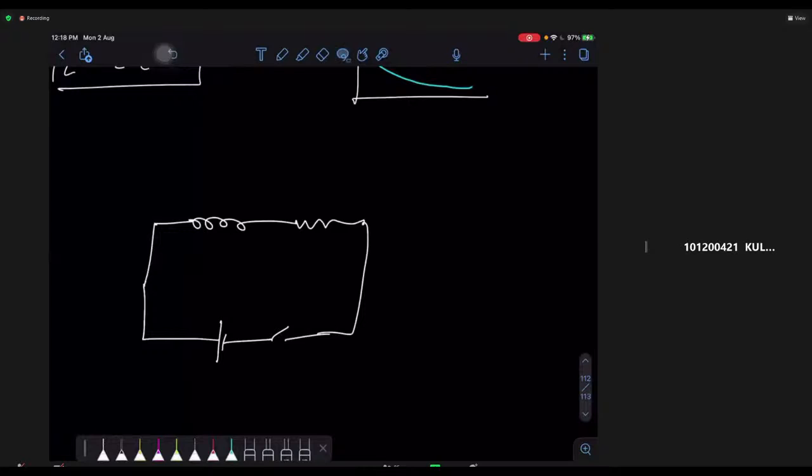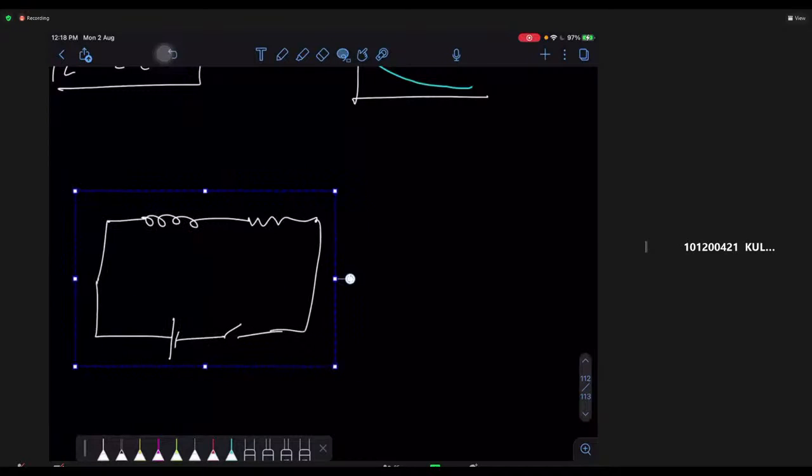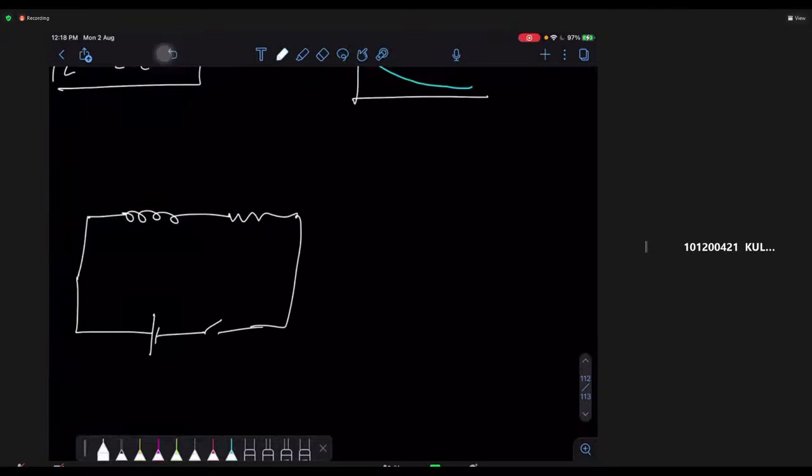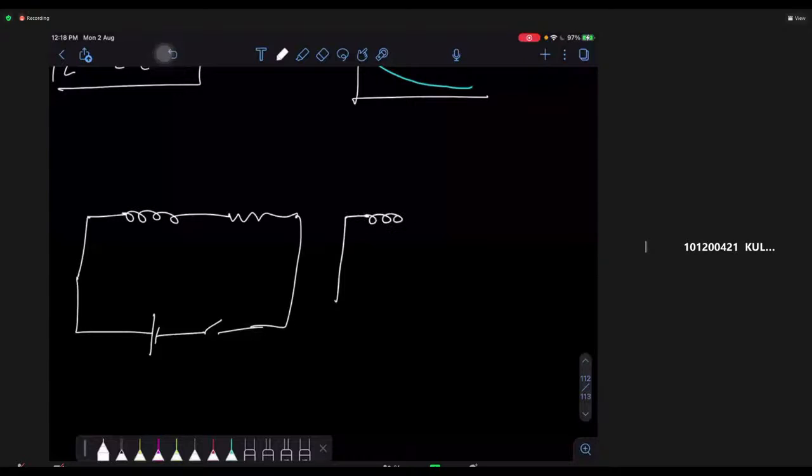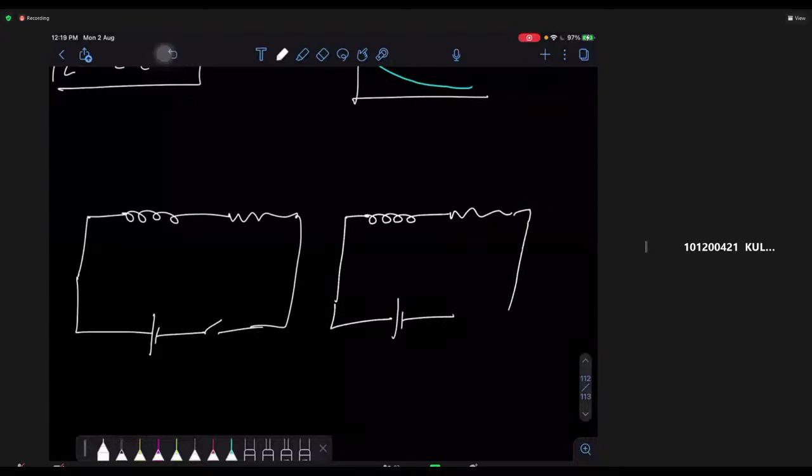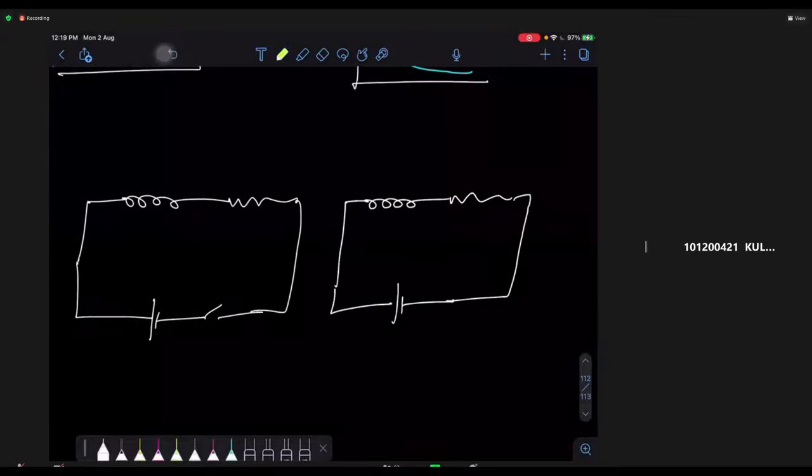Meaning thereby, in the beginning of my LR circuit, when you just touch it, it will always approach a steady state after a long time. Whatever the beginning is, it approaches a steady state.